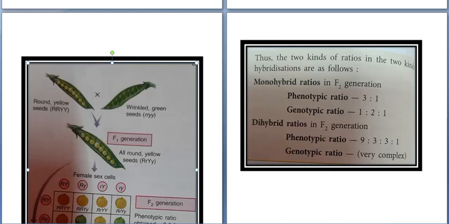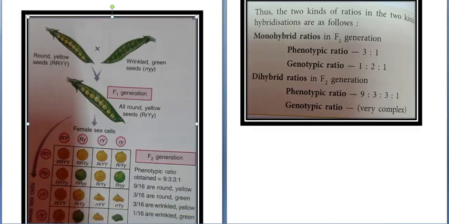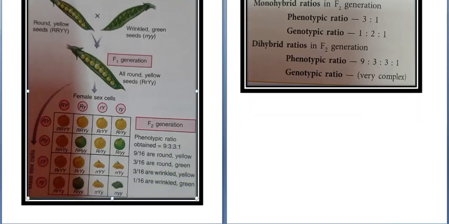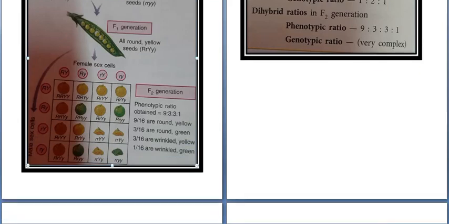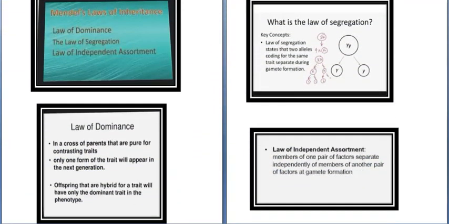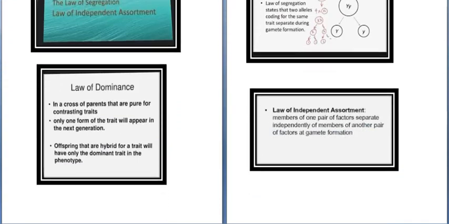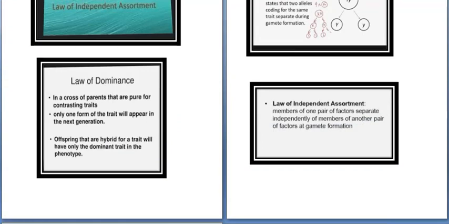So the assortment into gametes is not dependent. It's not that if one dominant trait is there, the other character will also be only dominant; the other character can be recessive. So independently they assort at the time of gamete formation.